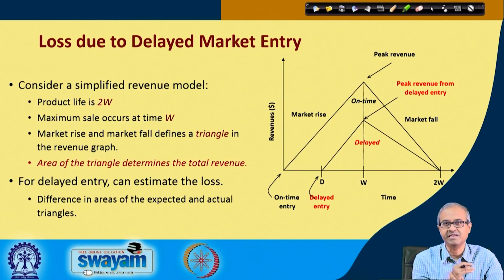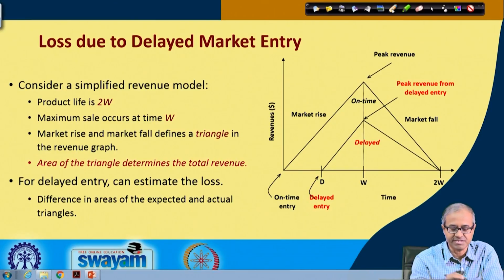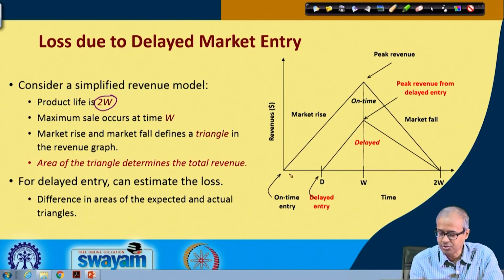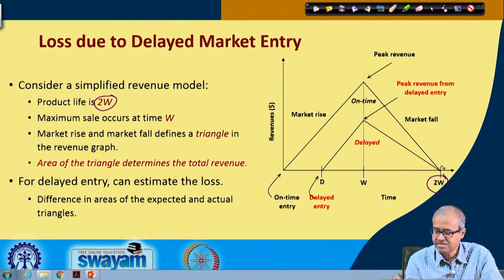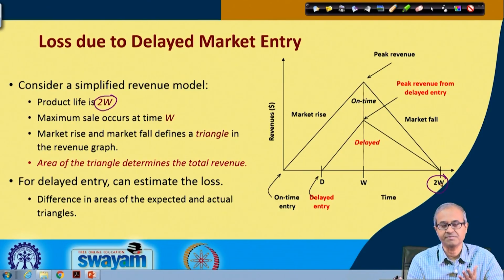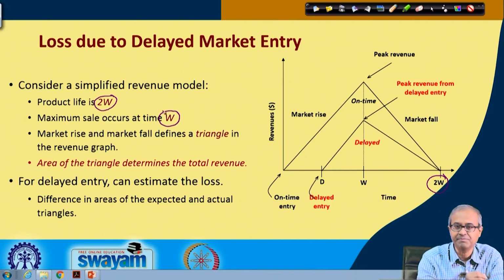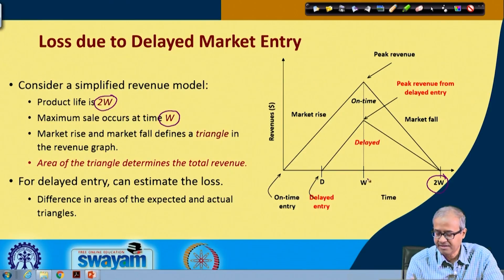You can modify it very easily to whatever is more realistic in your specific case. Here we assume, as this graph shows, that the product life is 2W. From 0 up to 2W is your total product life. After 2W, no one will be buying your product, and let us assume that the maximum sale occurs in the middle of it. At point W, the sale becomes maximum, that means this point.